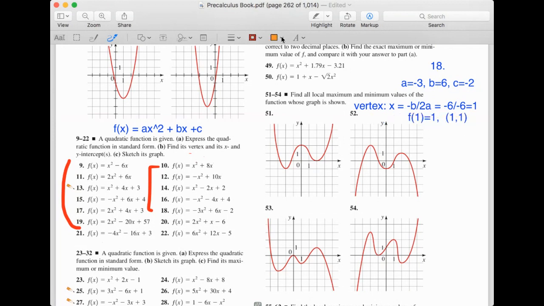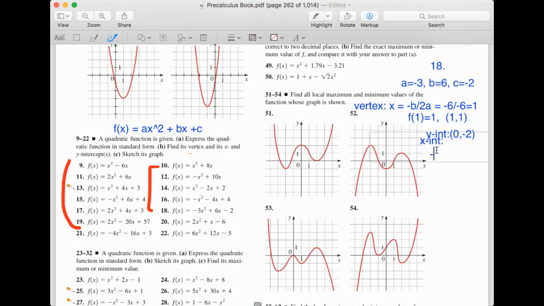All right, now let's find the y-intercept. Y-intercept is easy, right? Just (0, c). What's c? -2. That's the y-intercept. And then we need to find the x-intercept. X-intercept is a little bit of trouble. We set the function value to be 0.